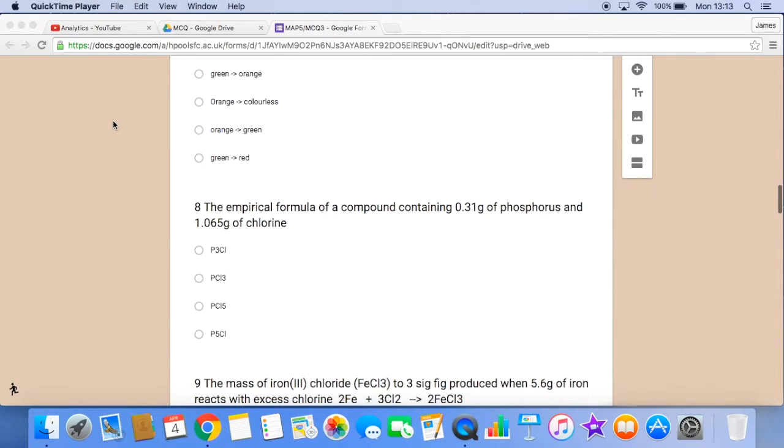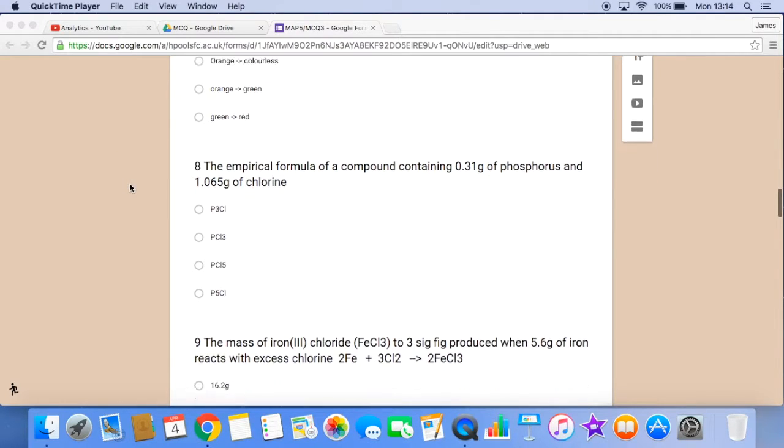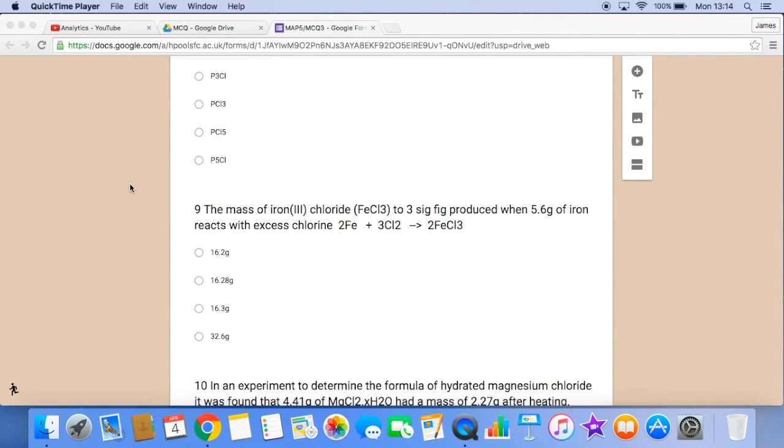Number 8, calculation. The empirical formula of a compound which contains 0.31 grams of phosphorus and 1.065 grams of chlorine is. Number 9, what mass of iron(III) chloride to 3 significant figures is produced when 5.6 grams of iron reacts with excess chlorine according to that equation?